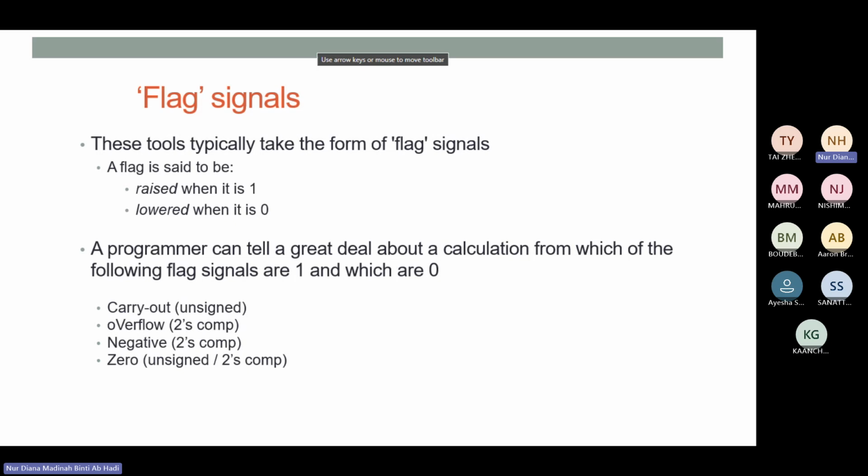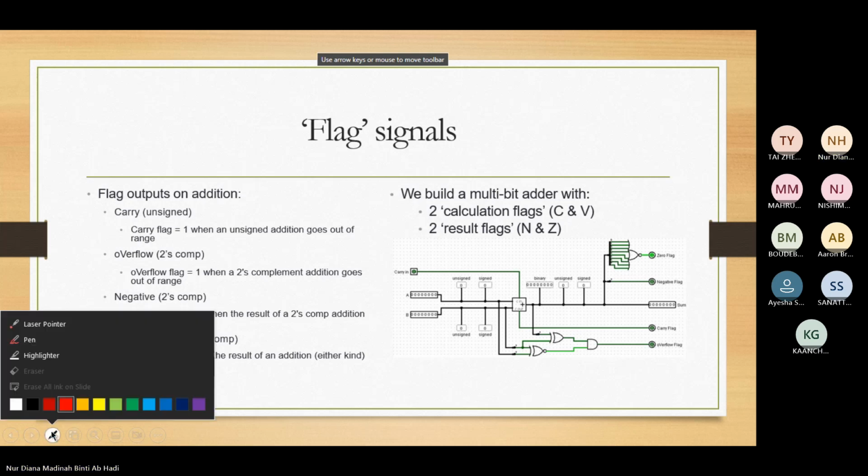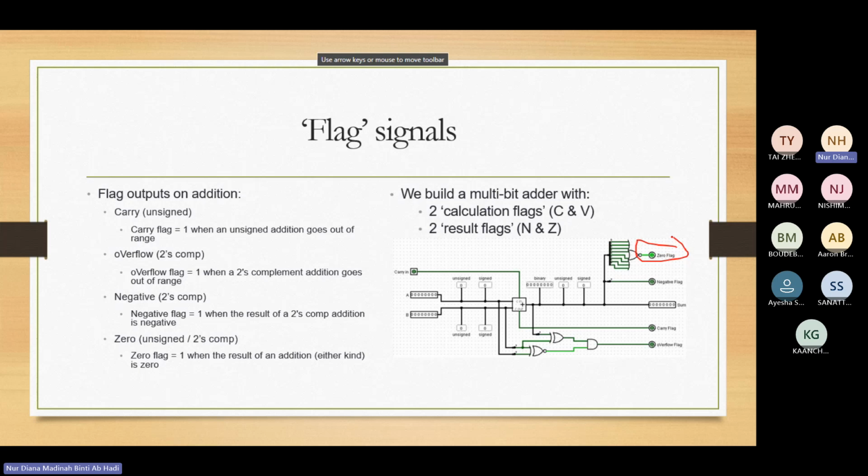Usually the carry out is relevant to unsigned numbers. Overflow is for two's complement, negative is for two's complement, and zero is for unsigned or two's complement. So you have the flags C, O, and Z. Here you can see the Z flag, negative flag, carry flag, and overflow flag. This would be the flag outputs for your addition.